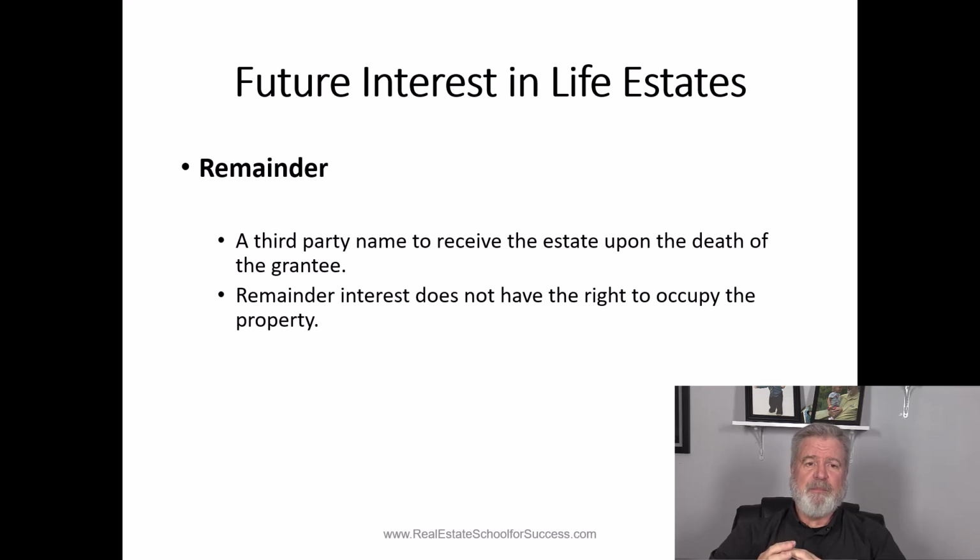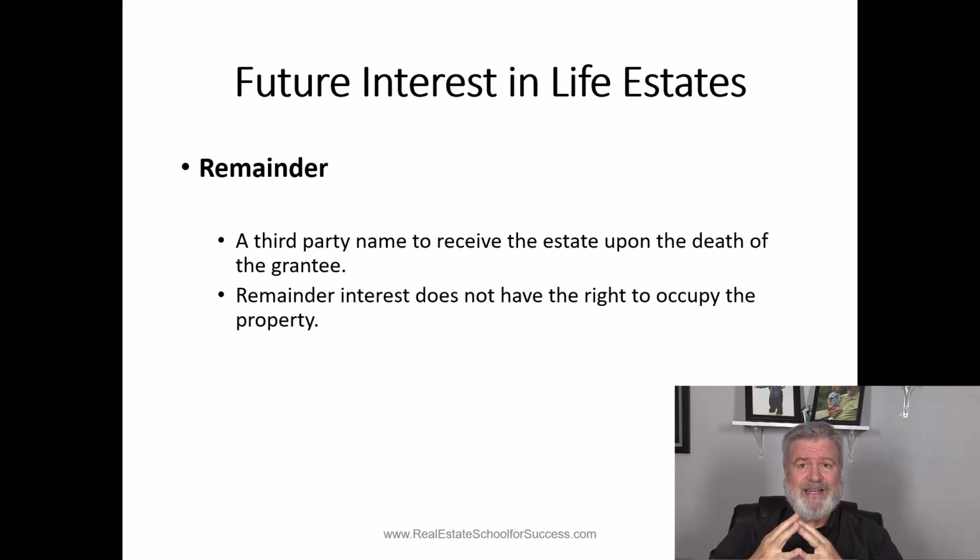The other type of future interest is remainder. This is the one we really need to make sure you understand. The remainder interest is someone named in the life estate to receive the property. This is other than the original owner. So if I'm the original owner, I may retain that reversionary interest, meaning it'll come right back to me if they die before I do.